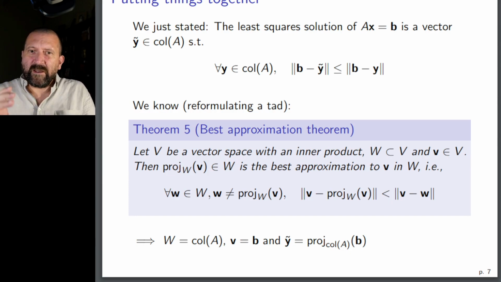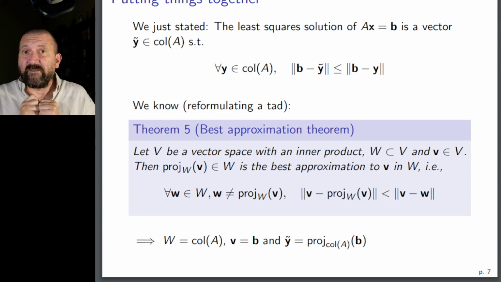So when you look at this first statement, which is the one I obtained on the previous page, and this theorem, you can see that they're saying exactly the same thing, provided you match the terms. I said the least square solution of Ax equals b is a vector y tilde in column space of A, such that this is true.